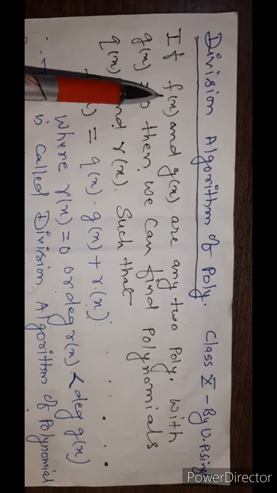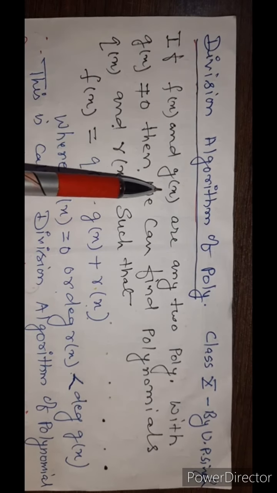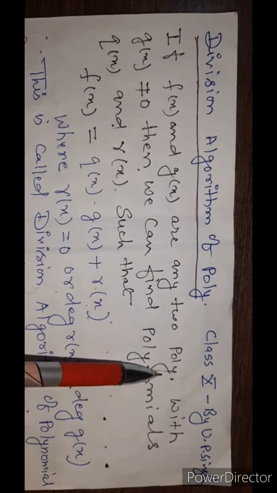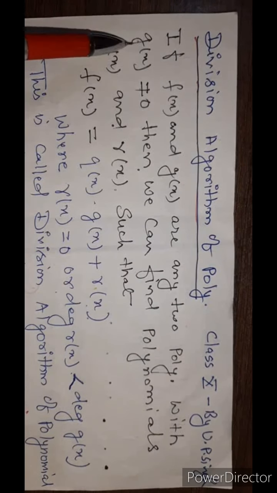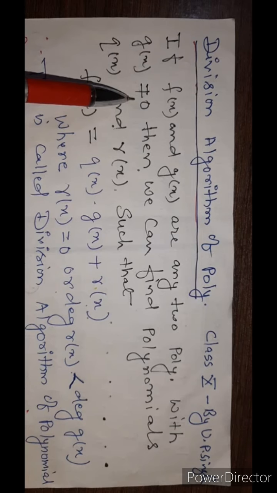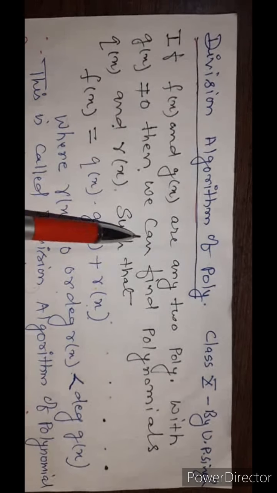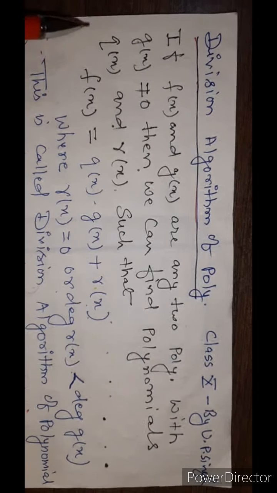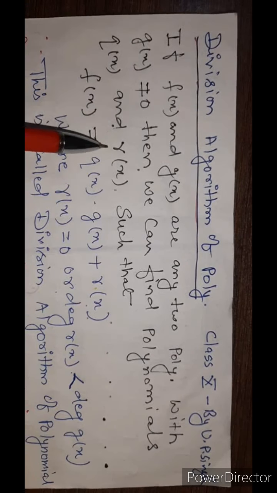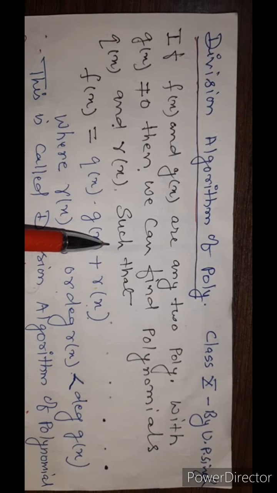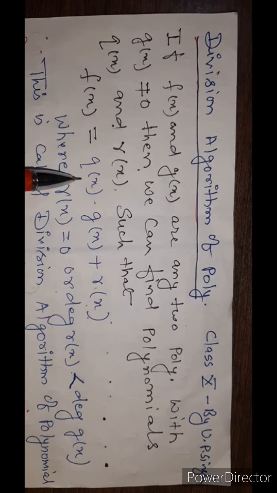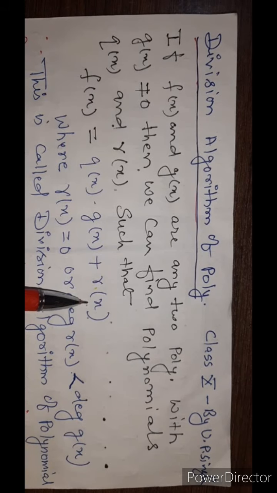If f of x and g of x are any two polynomials with g of x not equal to 0, then we can find polynomials q of x and r of x such that f of x is equal to q of x into g of x plus r of x.